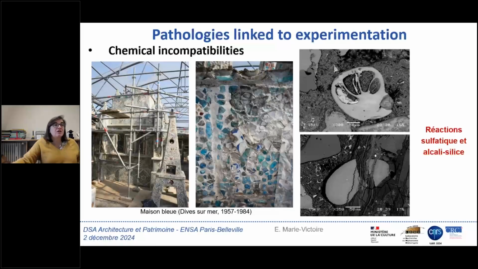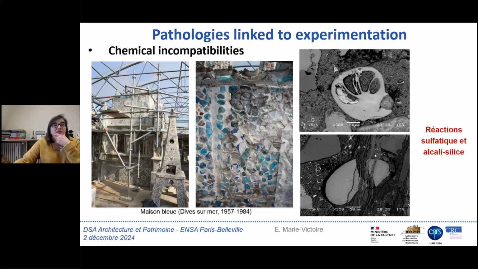Another chemical incompatibility. Here you can see an example of a house with mosaics that was built nearby the sea. And the pieces of the mosaics were pieces of glass, of plates, or whatever the artist could find. And there you can see that he used a sand containing shells, but also containing chloride, so that the rebars corroded very, very actively.